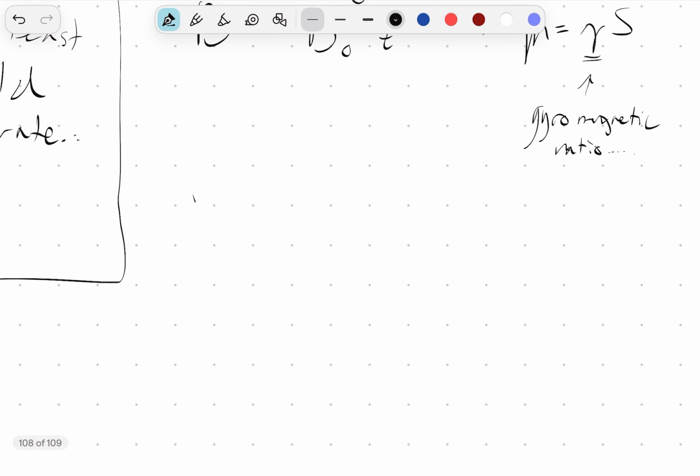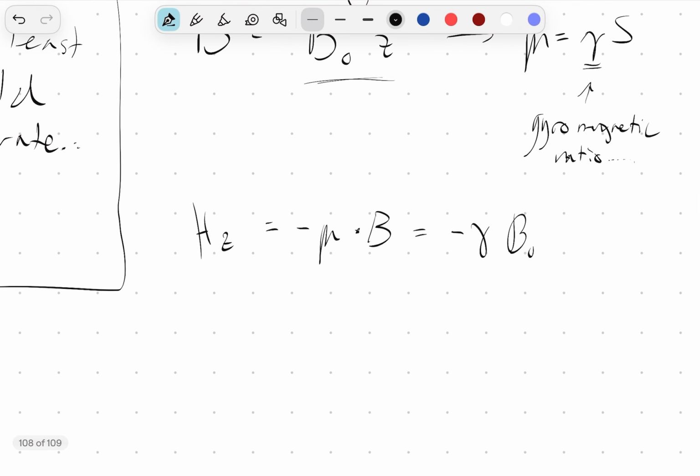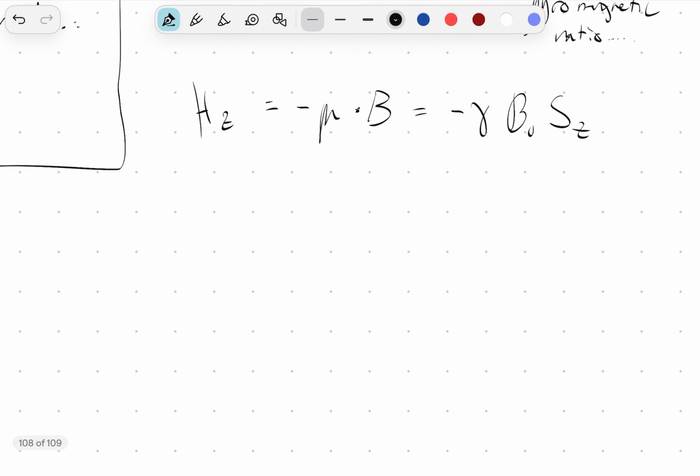Now the interaction energy should be minus mu dotted with the B field, and give something like the gyromagnetic ratio with the Z component of the magnetic field along the spin vector.